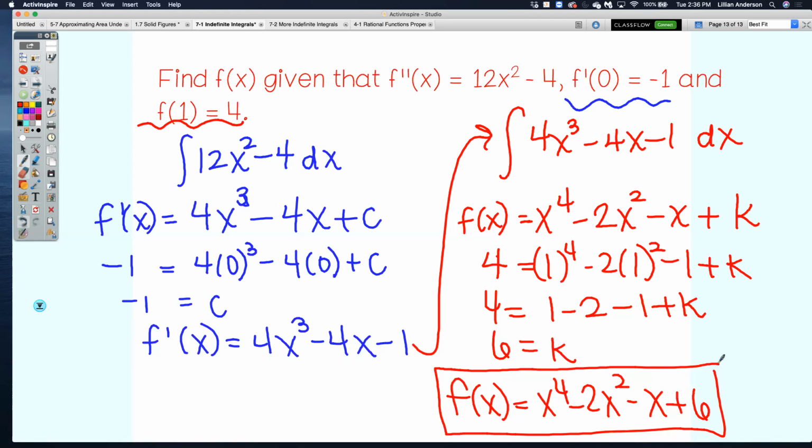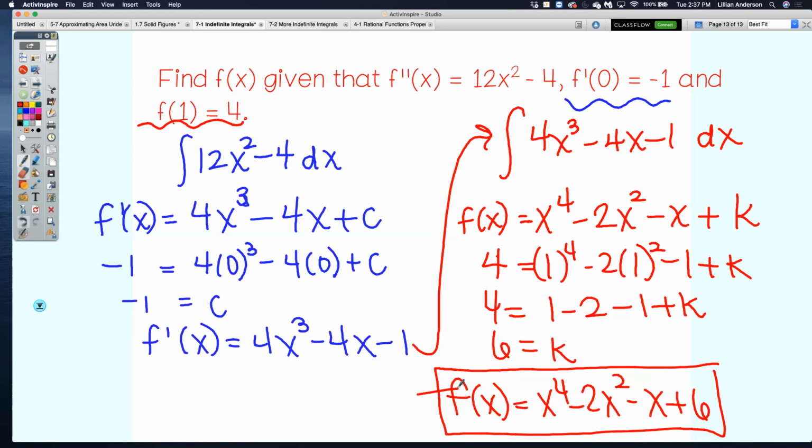And to be honest, even if I wasn't given that information that I've underlined in blue with a squiggly line or the squiggly line in red, I still could have found an equation for my original function. It just would be a general one. Okay, so instead of here for the coefficient, instead of it being -1, it would have been cx.